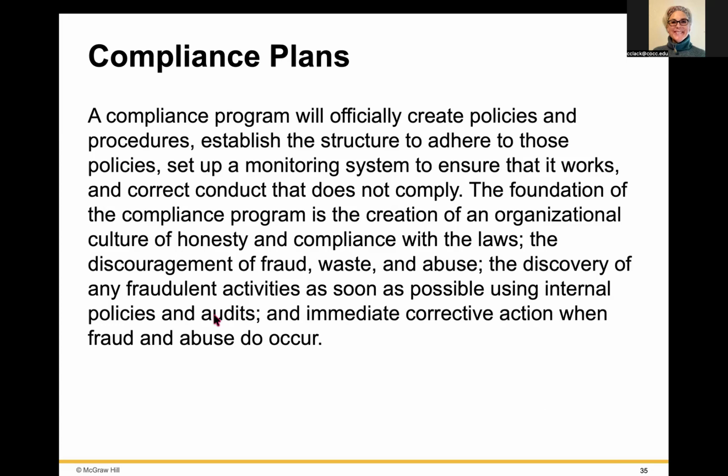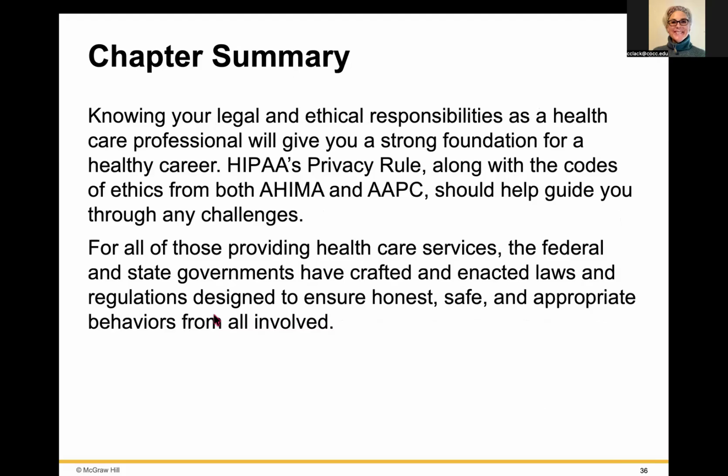Second, it builds a structure to follow them: roles, oversight, accountability. Third, monitors and audits to make sure it's working, checks and balances. Fourth, it corrects non-compliant behavior quickly when issues are found. The goal is a culture of honesty and legal compliance and actively preventing fraud, waste, and abuse by finding problems early and taking corrective action quickly.